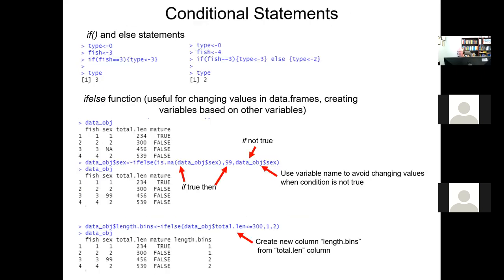Some other things that may help you in programming. There are what are called conditional statements. So if you have, in this example on the left, let's say you have a variable that has 0, and you have a fish that's 3, but you wanted to change that type if the fish is a particular number.